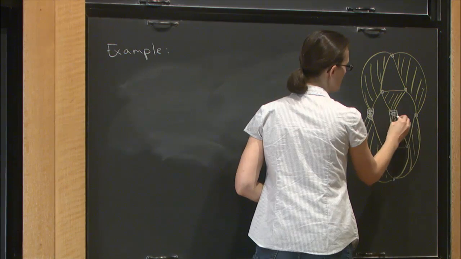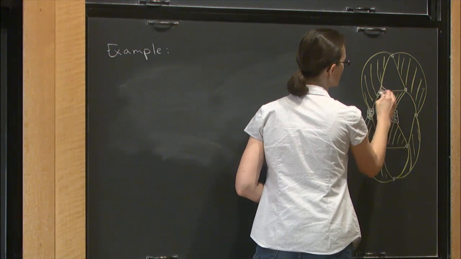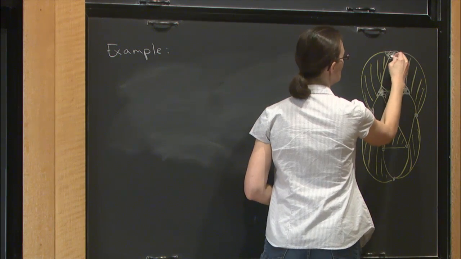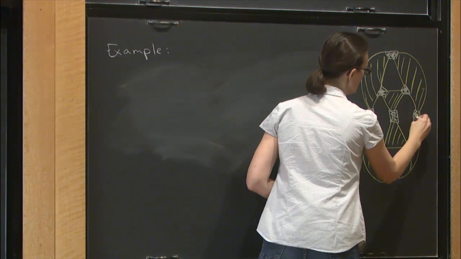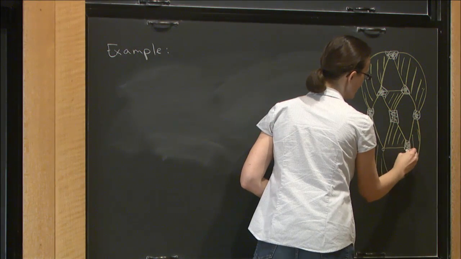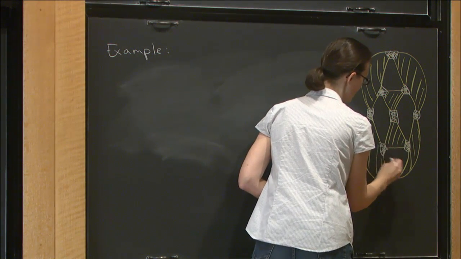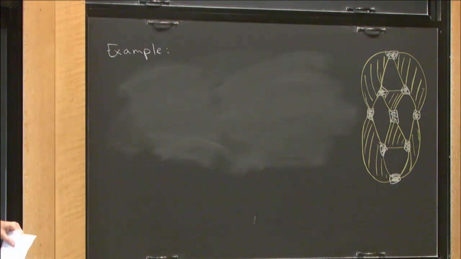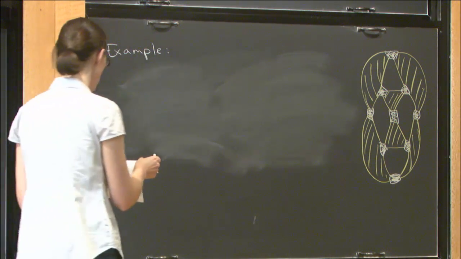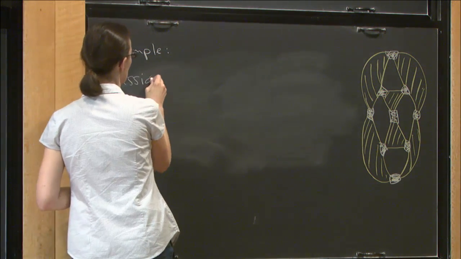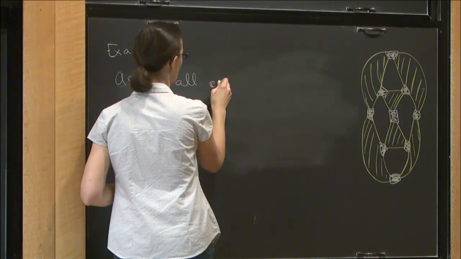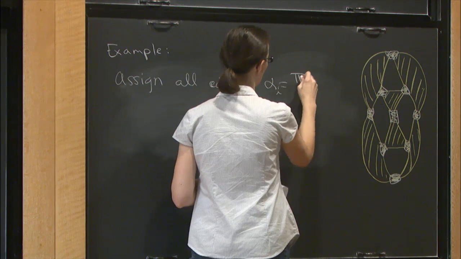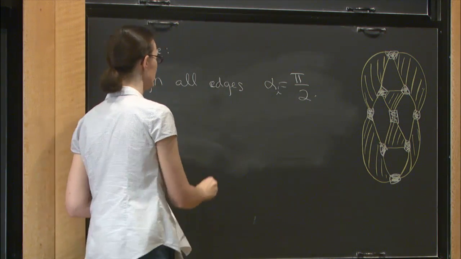So here are my truncated boundary faces. Okay, just 3 more: 1, 2, 3. So there's my truncated polyhedron, and I'm going to assign all edges to be angle pi halves.